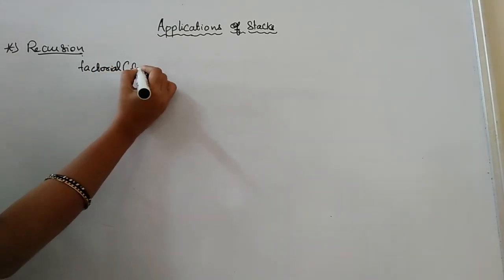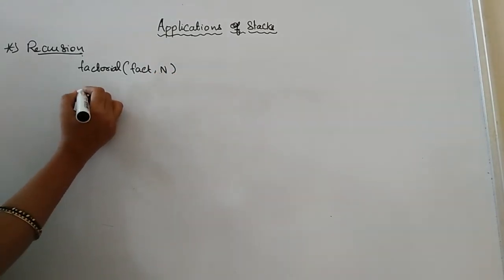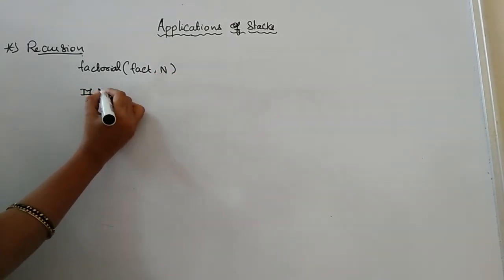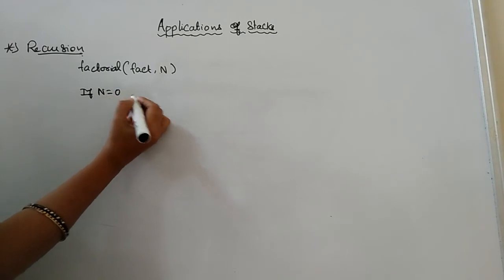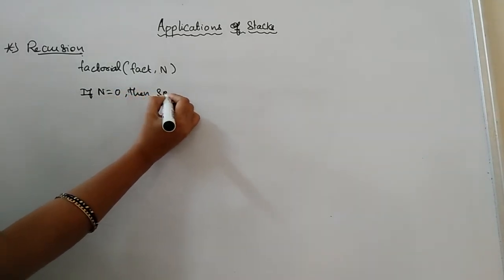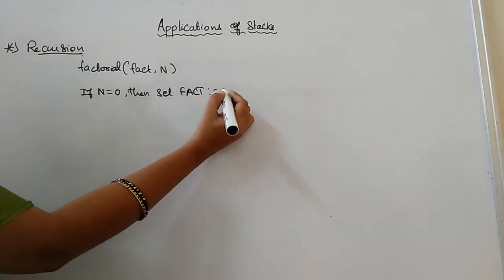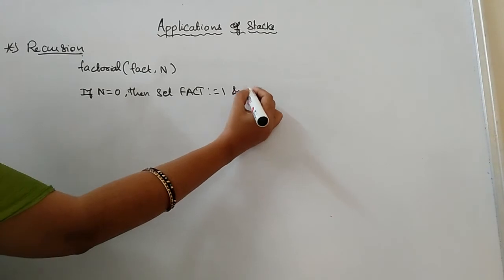Factorial of fact comma n. So here I am going to write: if n is equal to 0, then set fact := 1 and return.